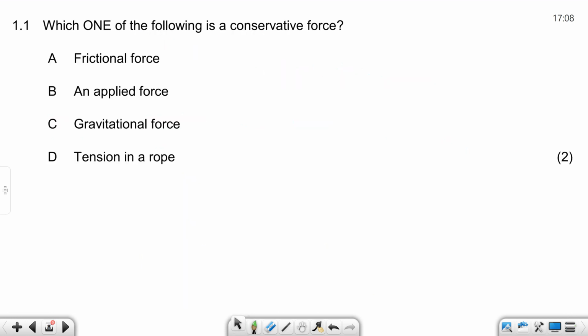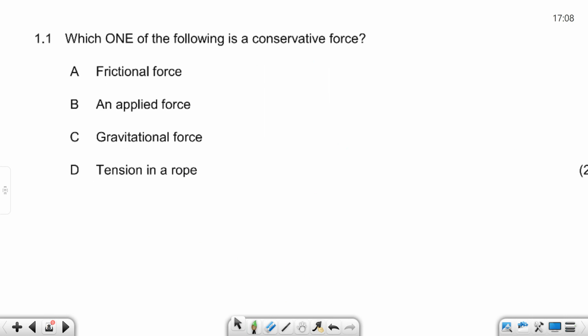Multiple choice. I know we don't like it. Number one, quickly. Which of the following is a conservative force? I've taught you how to identify conservative forces. We don't even have to waste time on this. When we say non-conservative, what are we talking about?